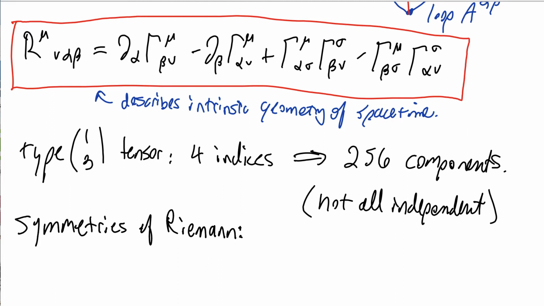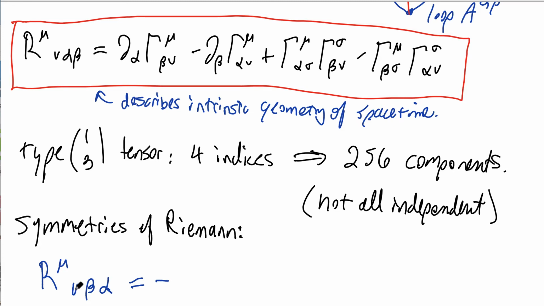So one symmetry that we already know from the way that Riemann was constructed is that it's antisymmetric under interchange of the last 2 indices alpha and beta. So if we write down R mu nu beta alpha, we swap alpha and beta. Notice that these 2 terms just switch roles. So this term becomes this term and this term becomes this term, but there's an extra minus sign. And likewise, these 2 terms just swap places when we switch alpha and beta, but there's an extra minus sign here.